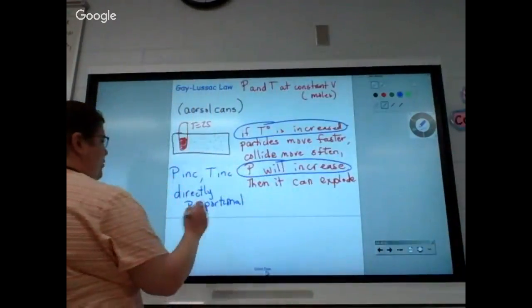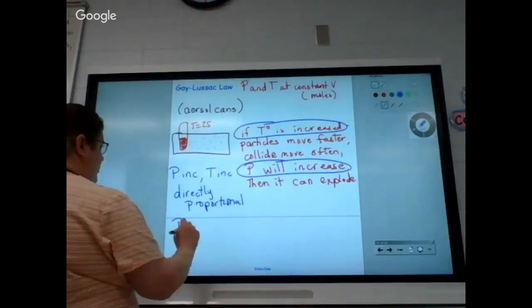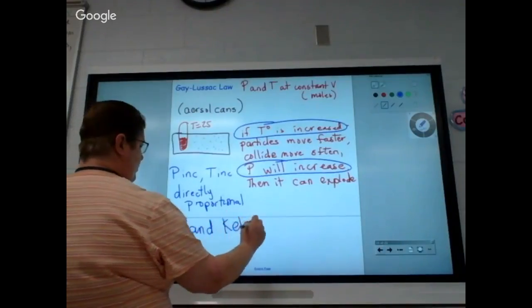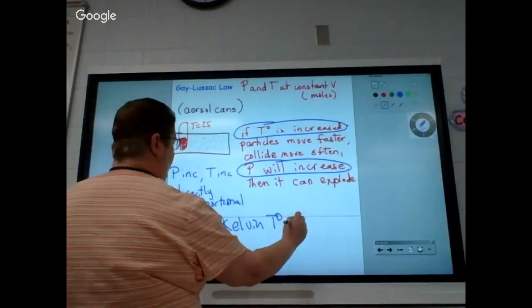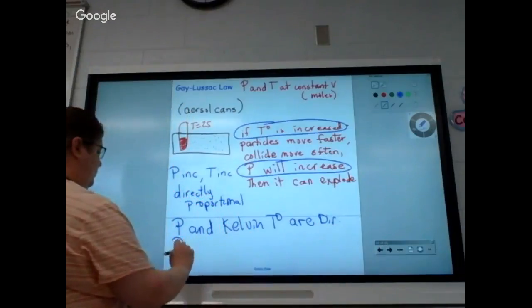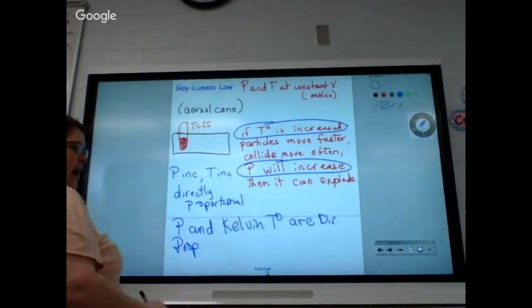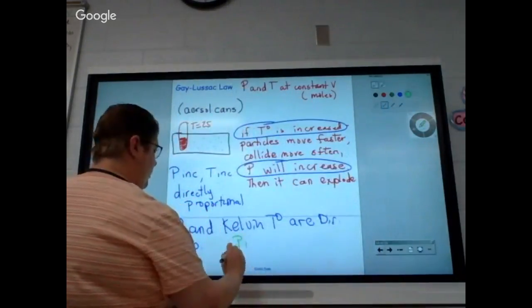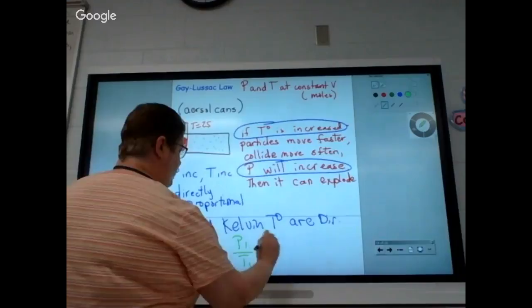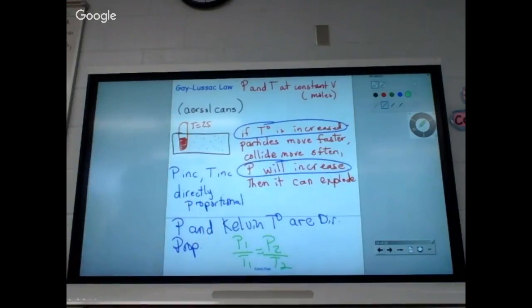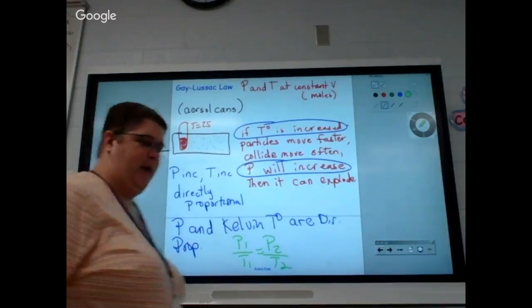All right, so pressure and Kelvin temperature are directly proportional. So that's good, right? The formula would be P1 over T1 equals P2 over T2. Does that help? Sorry, I completely spaced that.